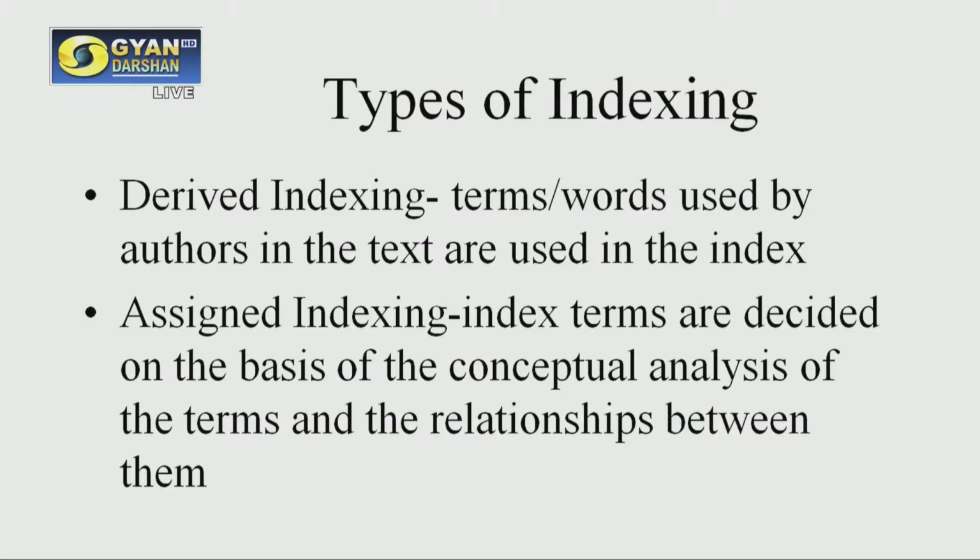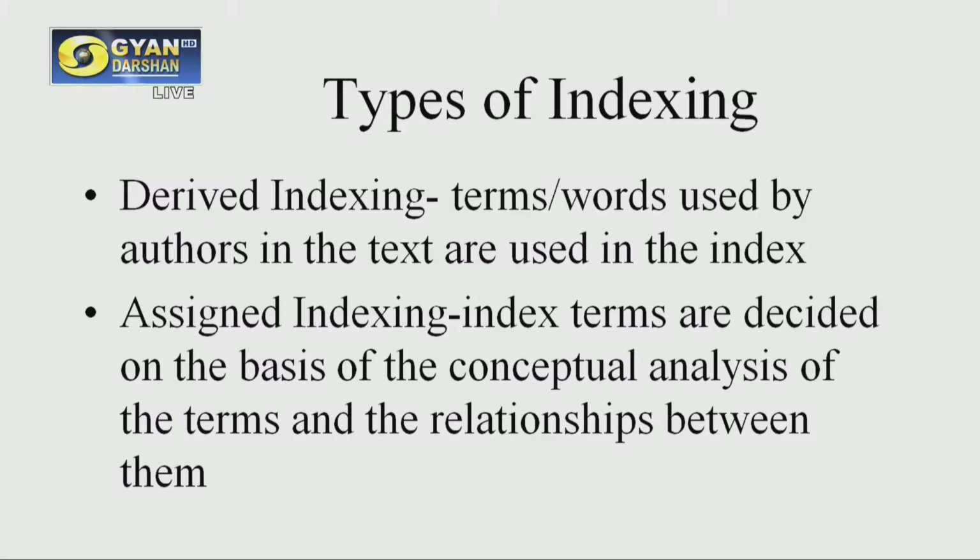So derived indexing is a little easier in the sense that we make use of the terms that have been used by the author, whereas in the assigned indexing you go behind those terms and you think of the concepts that have been conveyed by those terms. So this is how indexing has been divided into two types.